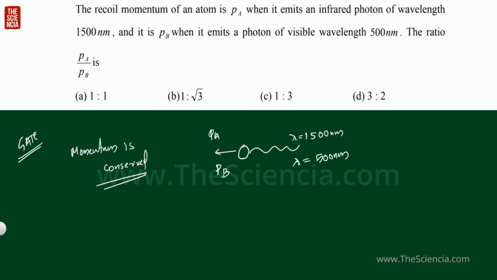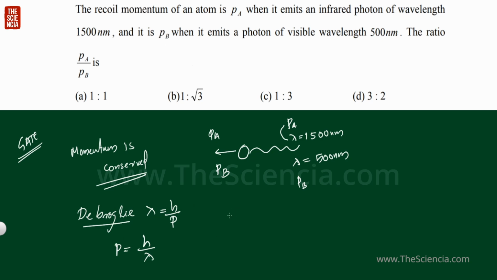So if we know the momentum of the photon, PA and PB, then that will be the momentum of the atom also. So how can we relate momentum and wavelength? That is our de Broglie relation: lambda is equal to h by p. So here we can find p is equal to h by lambda.